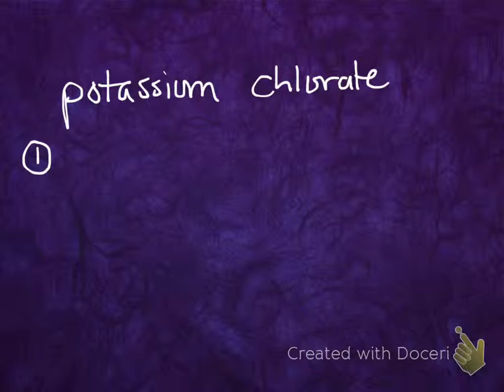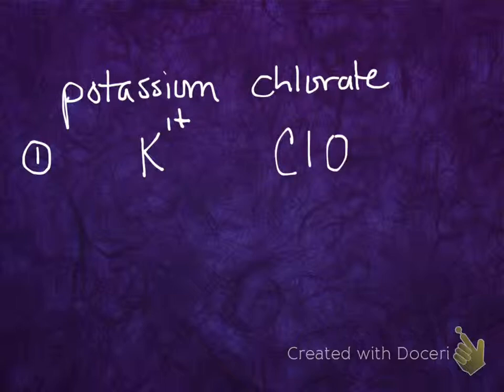So the potassium ion is K, charge 1 plus, right. Okay, so K1 plus. The chlorate ion is formula ClO3 1 minus. Okay, wunderbar.